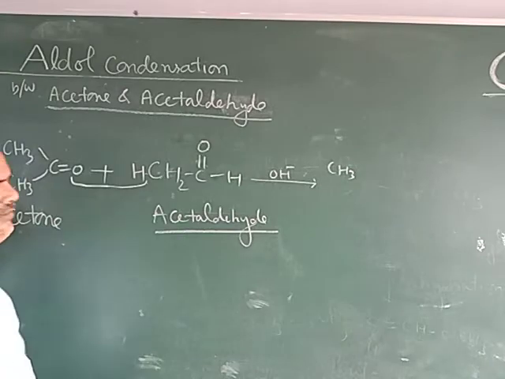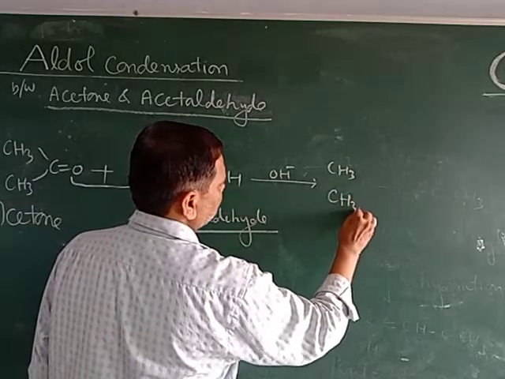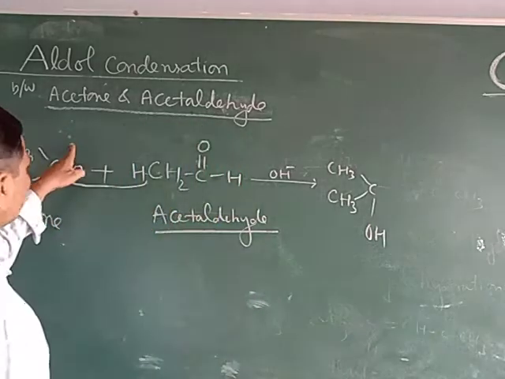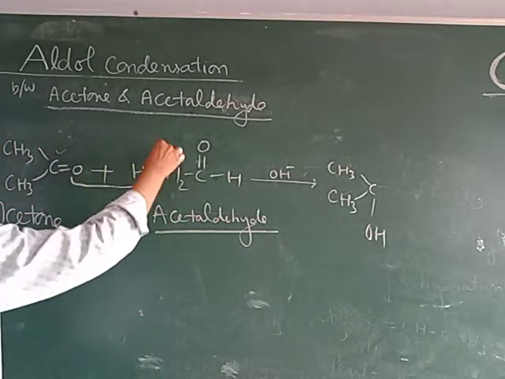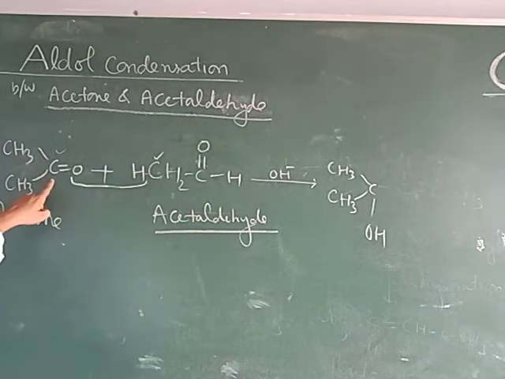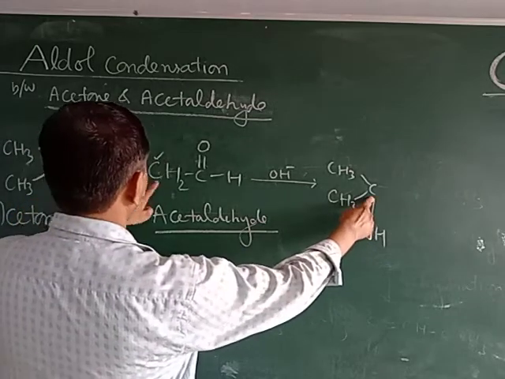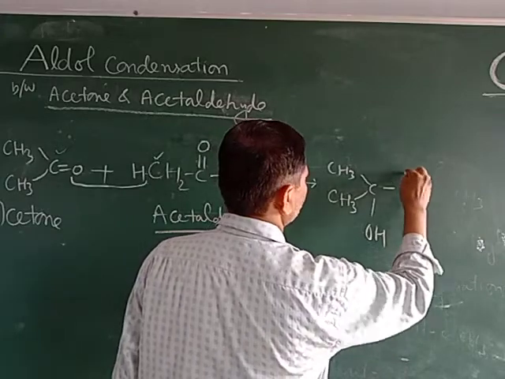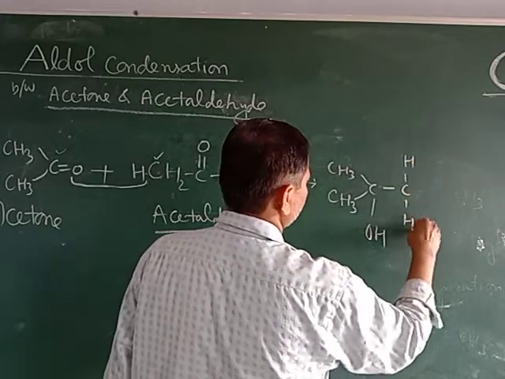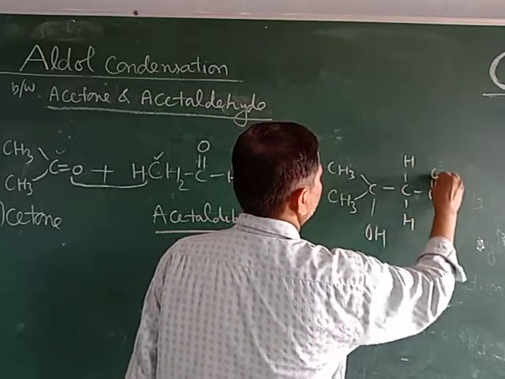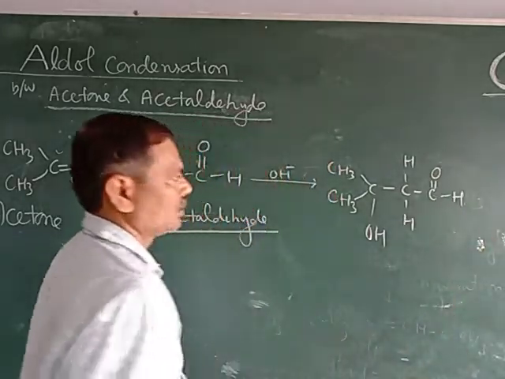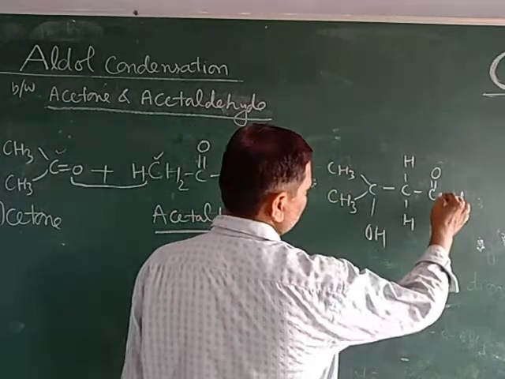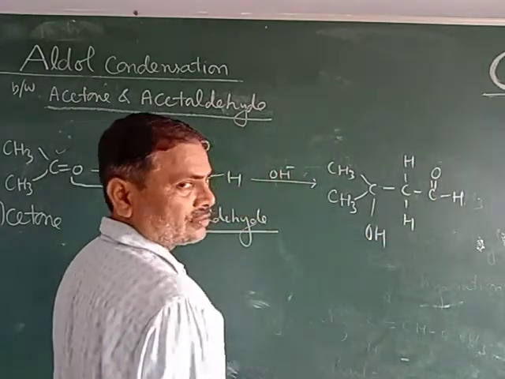CH3 you will write in the same manner, C(OH). Now this carbon will make a bond with this carbon atom, CH2CHO. This is aldol; this is also aldol because it has an aldehyde group as well as an alcohol group.